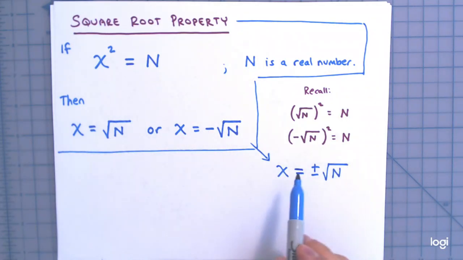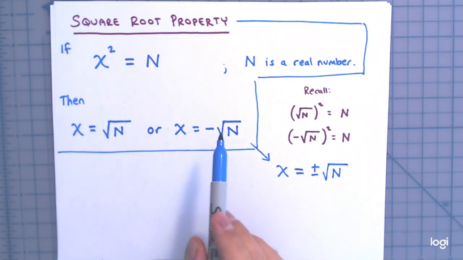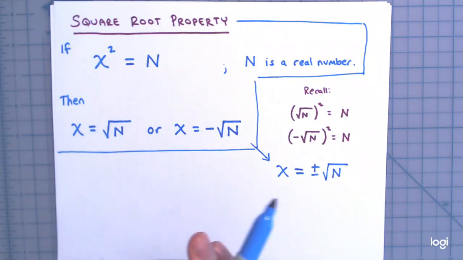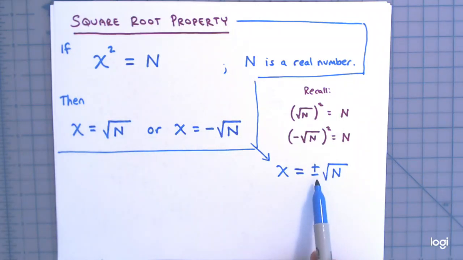I will actually be writing out each one separately, as I find that when people write this plus or minus, they miss something. I feel like they think there's only the one solution when in fact there are two.